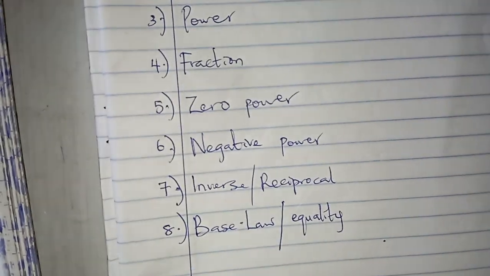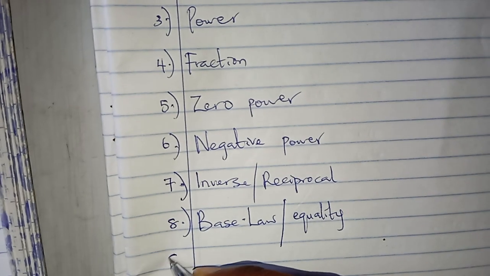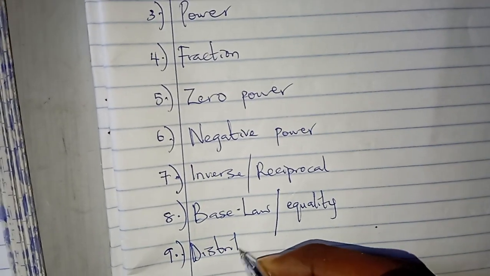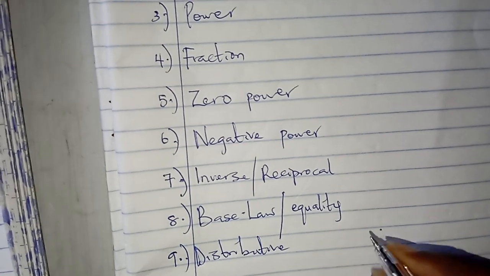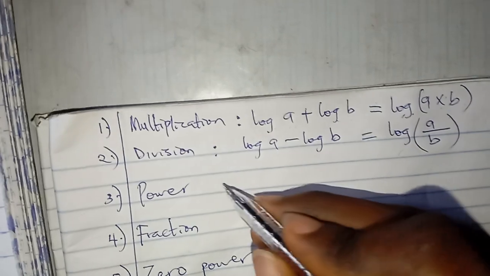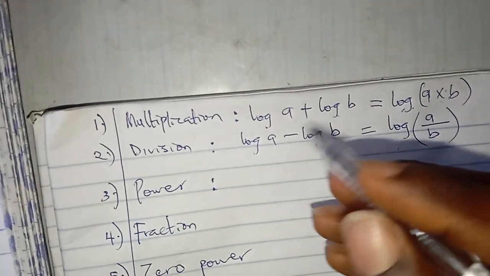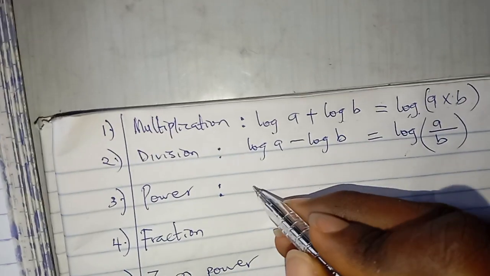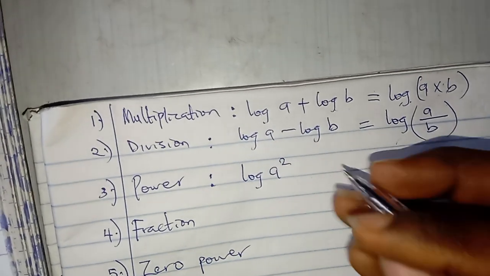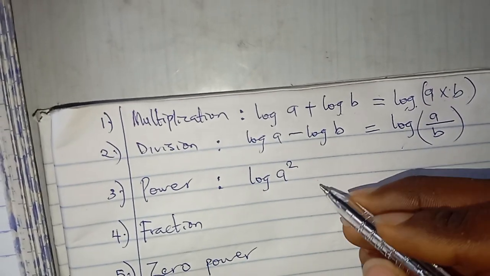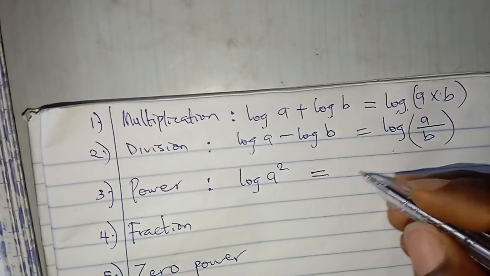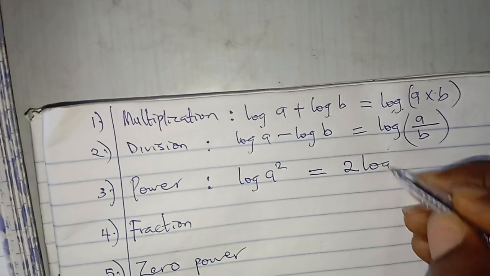All right, now remember, for the power law, if I have log a raised to power 2, the principle is saying that this is the same thing as saying 2 log a.